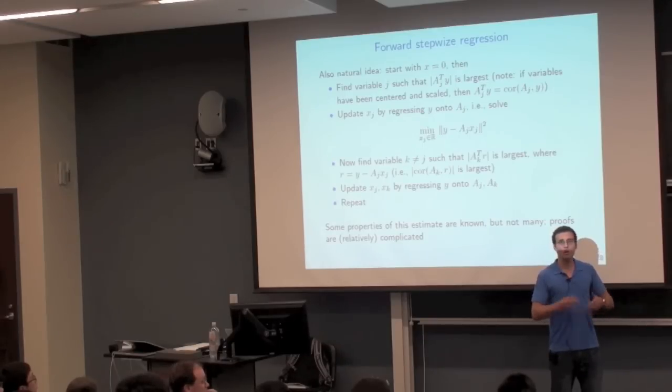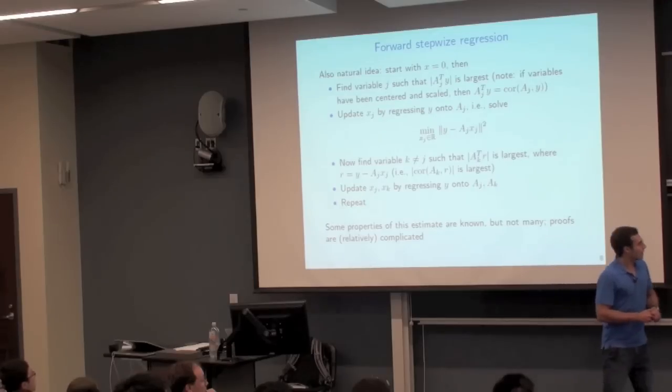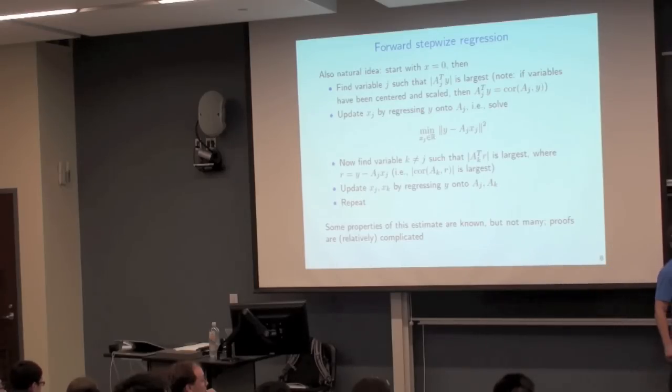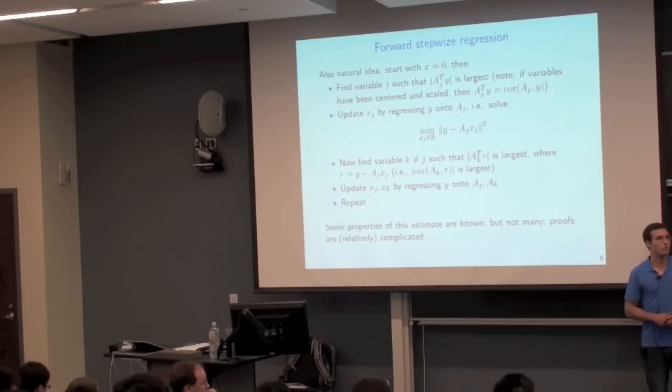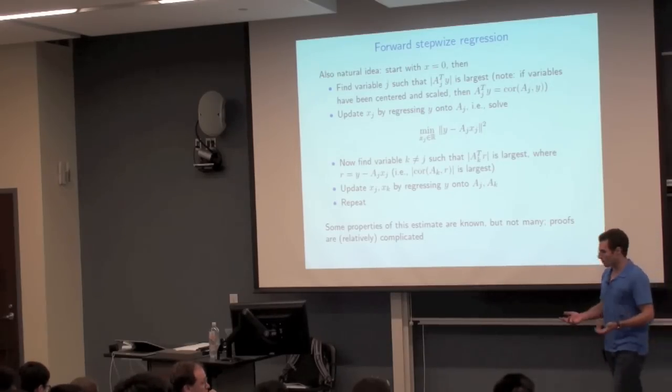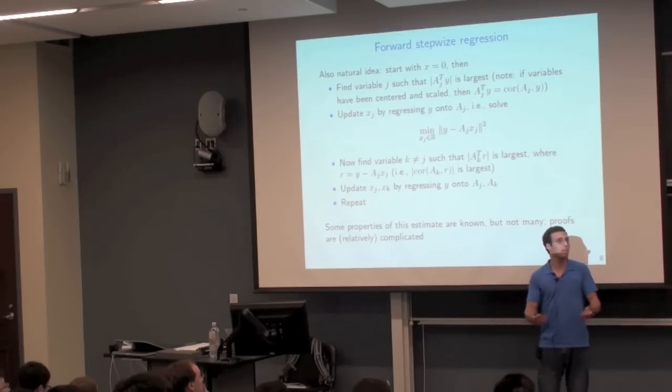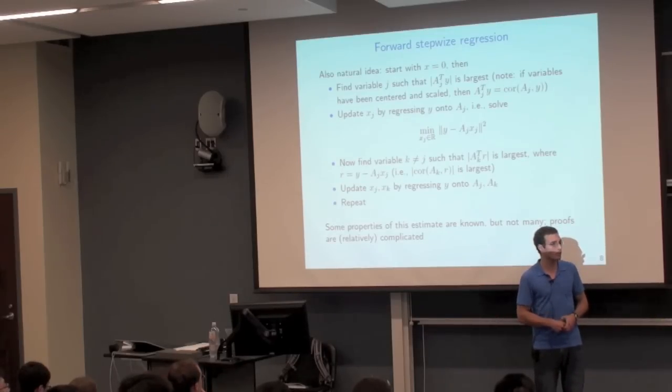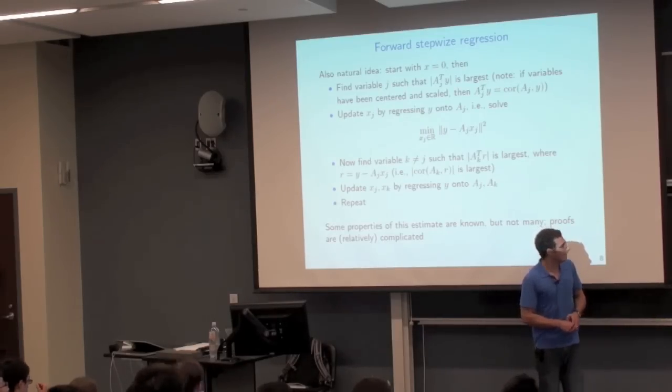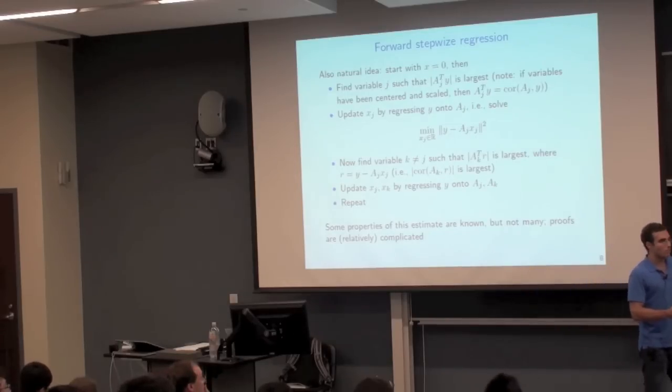You could ask, how large does n have to be relative to p that if I do this forward stepwise procedure, I get an estimate of x that's close to the truth? So that's an example of a property you might want to know. What's its convergence? How close does it converge to the truth, or how fast does it converge to the truth? The proofs that it has good convergence are actually pretty complicated.